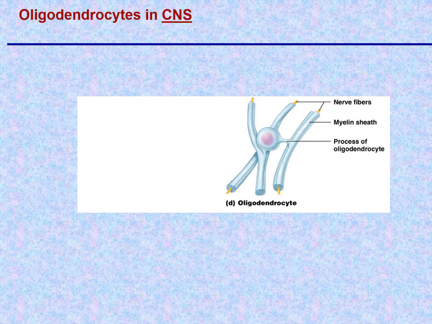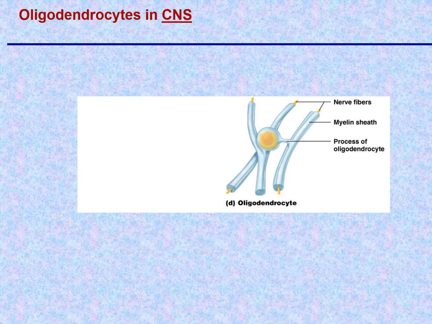So here you see some neuron extensions, fibers coming from neurons, and this oligodendrocyte here, and I'll just highlight the nucleus. That oligodendrocyte has its cell body right in the middle, but it has extensions, and those extensions are wrapping around and insulating nerve fiber extensions.